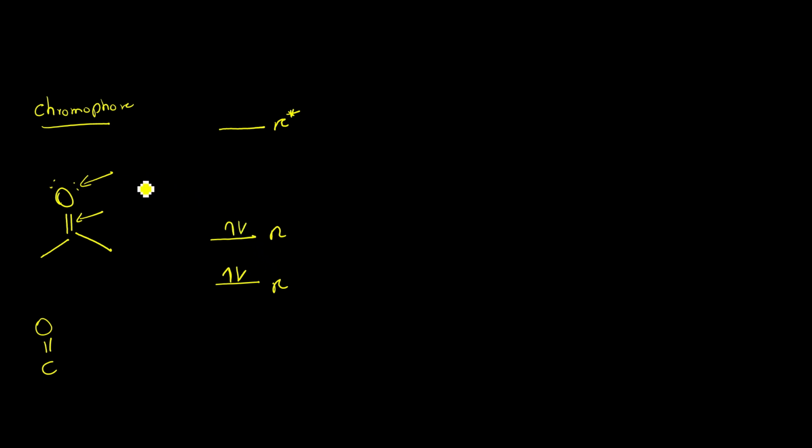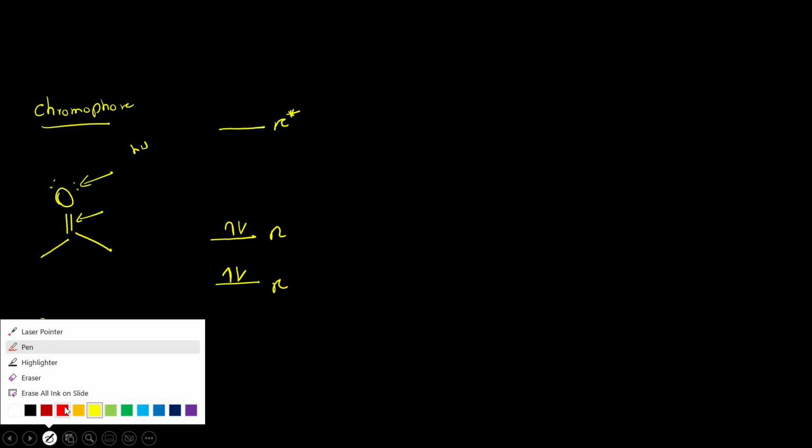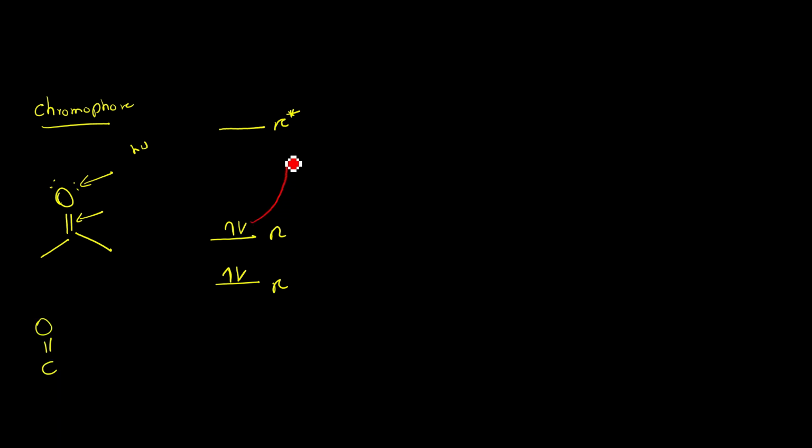Now when the light or photons make contact with our chromophore, one of the electrons in the lone pair will absorb the energy and get excited. This electron will go into the excited state, resulting in this kind of molecular orbital diagram. Here we have 2 electrons on the pi orbital, which is not changed.